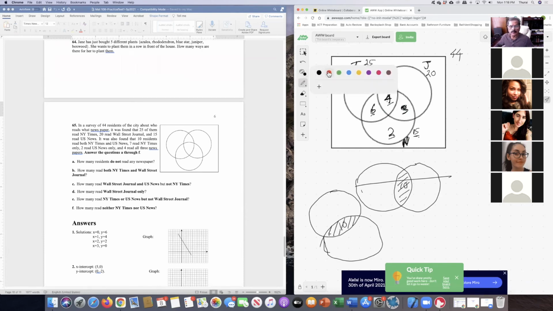Let me use a different color to write the calculated numbers. 3 goes here. And then going to New York Times, 3 sections are available. The total count is 25, so add them up. 6 plus 4, 10 plus 7, 17. Take away from 25, 8 goes here.